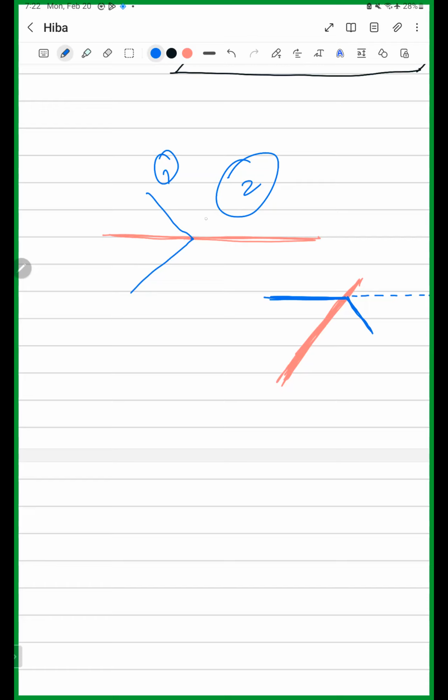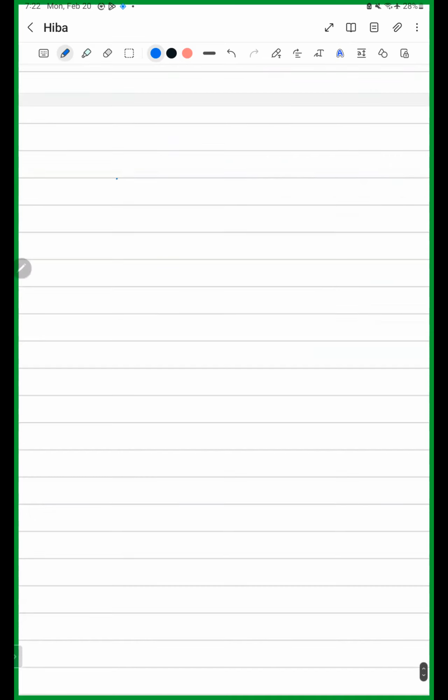Hiba? Hello. Yes. What am I asking? Did you hear my question? I couldn't hear your voice. Okay, I'm saying कि if this is a mirror, and there is an object like this in front of the mirror, हमने कोई drawing बनाई है, चलो, let's say we are drawing an A in front of the mirror. तो इस A के actually 3 parts हैं.